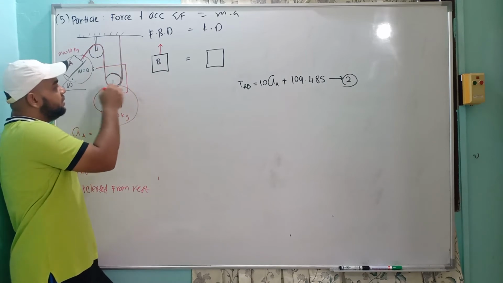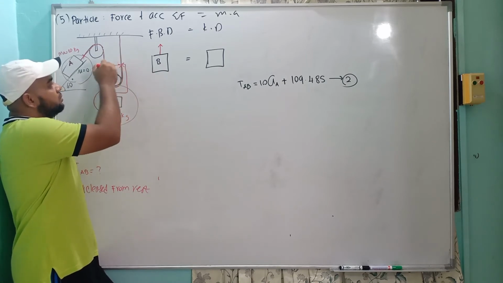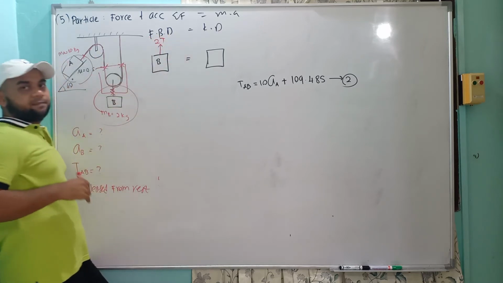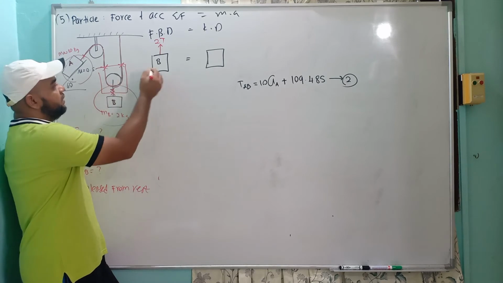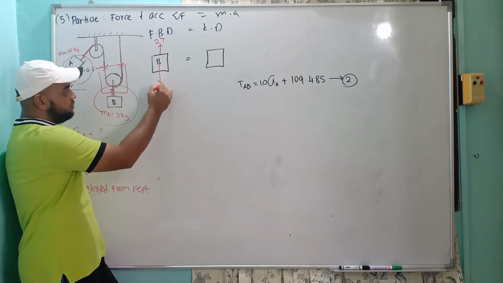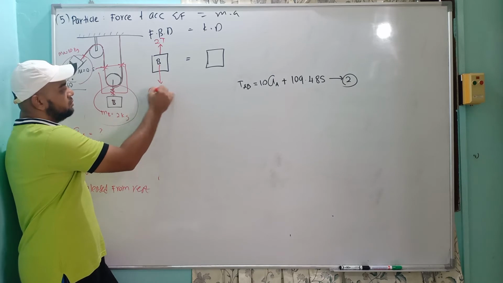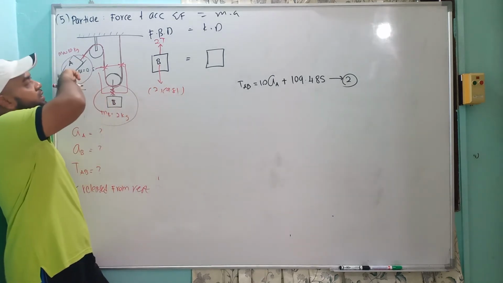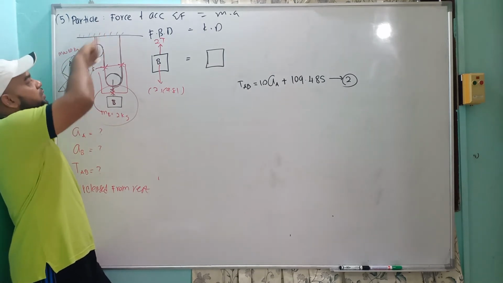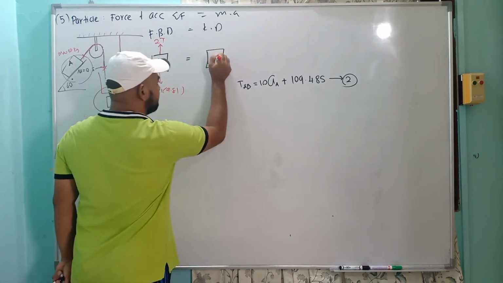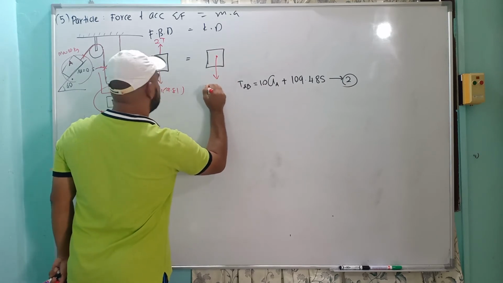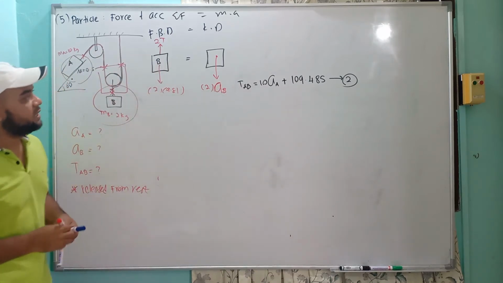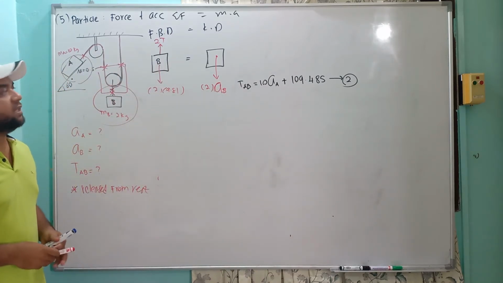If you draw from here, this cable equals 2 of this, so 2T. Then we have the mass at the center of gravity downward: m is 2, so 2 times 9.81. Because we assumed component A moves upward, B must move downward, so we have mB, which is 2, times AB. That's it for the kinetic diagram and free body diagram.